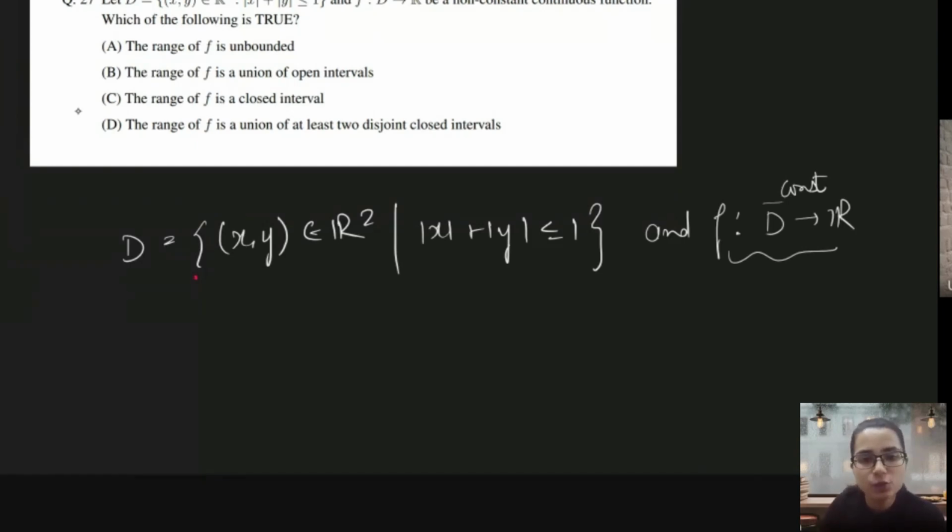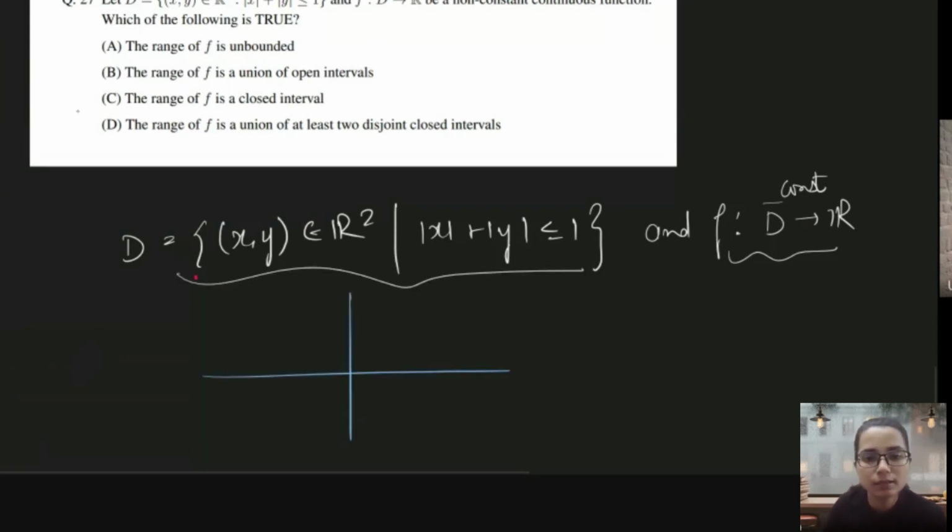We have seen that the domain is something like this. This domain is a subset of R square, which looks something like this.